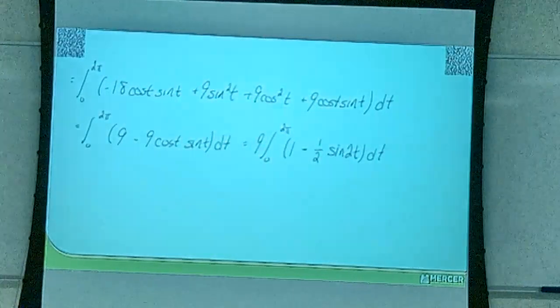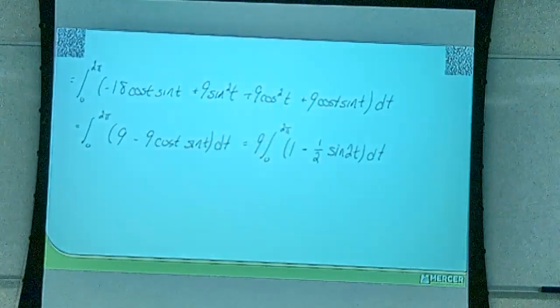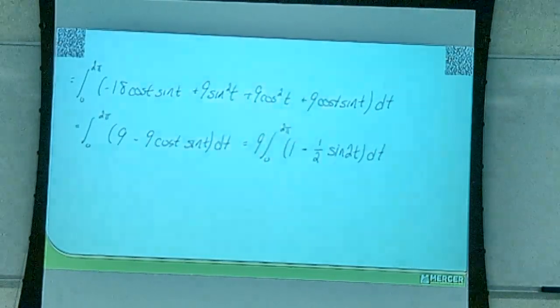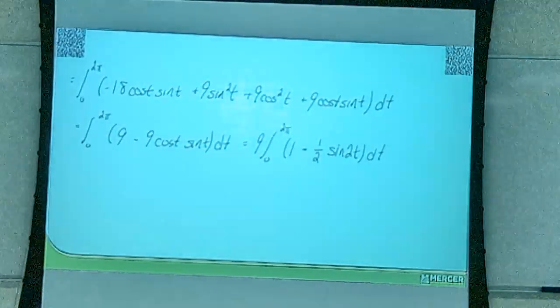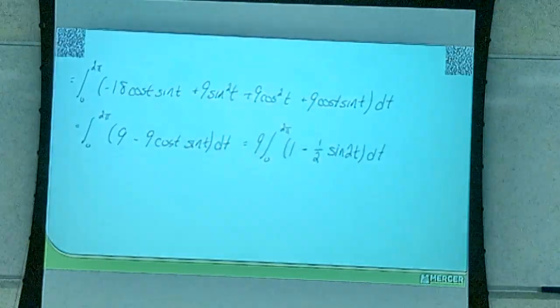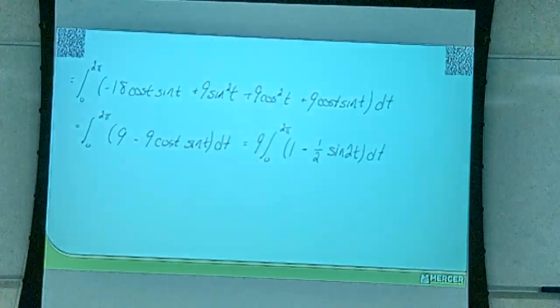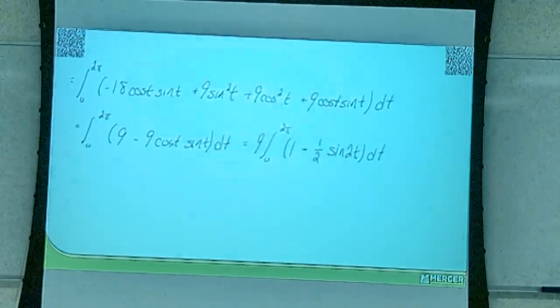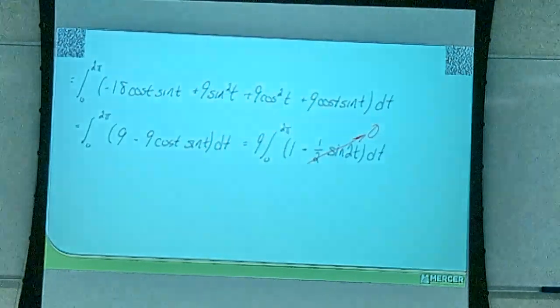What's the period of sine of 2t? The period of sine of t is 2 pi, so sine of 2t is just pi. We're integrating over 2 full periods, so it goes to 0.